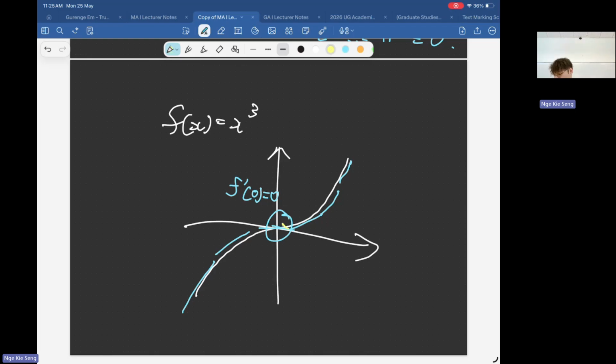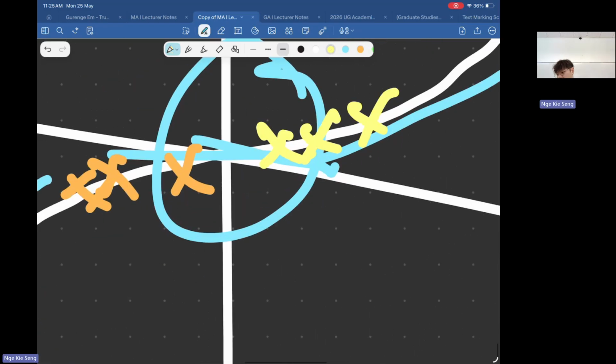Around it, there are points higher than it, and on the other side there are points lower than it as well. So it cannot be either the highest or the lowest. No matter how small your interval gets, you cannot find a neighborhood such that it is the highest or the lowest.